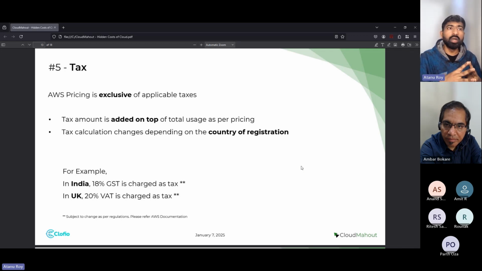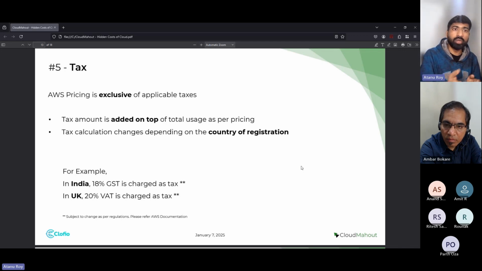It depends on the country your AWS account is registered in. I'm assuming most of us are based in India, so our AWS account will be registered with AISPL, which is Amazon Internet Services India Private Limited, I think that's the name. In India they are charging 18% GST.